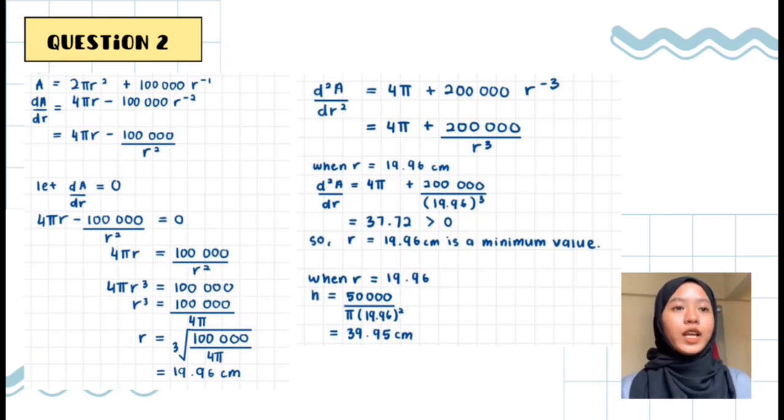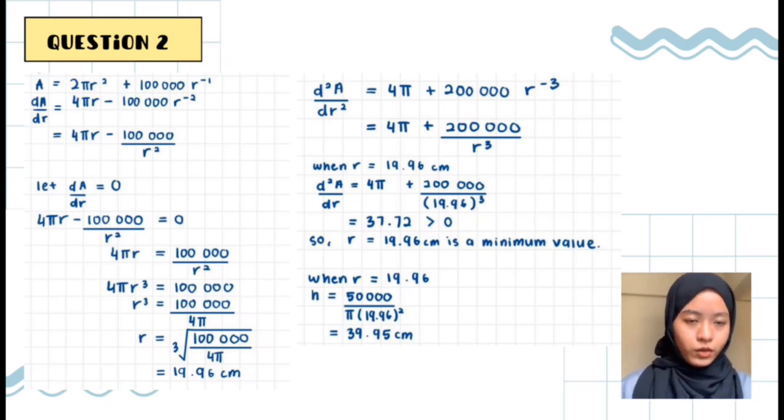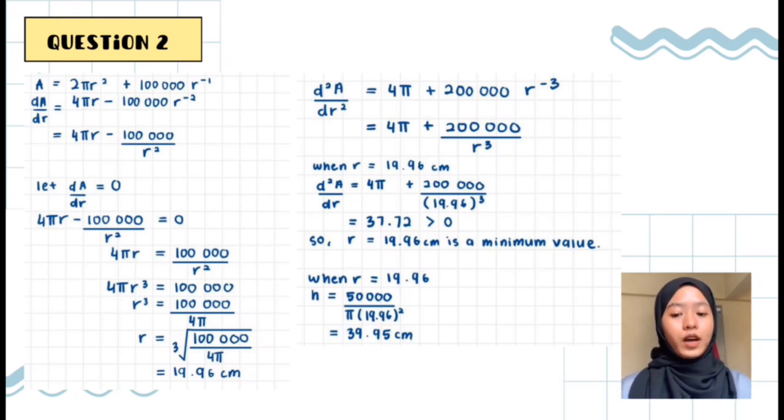Step 2, we let the derivative equal to 0. So dA/dr = 0, so it becomes 4πr - 100,000/r² = 0. So we have to find r. We bring the 100,000/r² to the right, so it becomes 4πr = 100,000/r². Then we bring the r² to the left, so it becomes 4πr³ = 100,000.